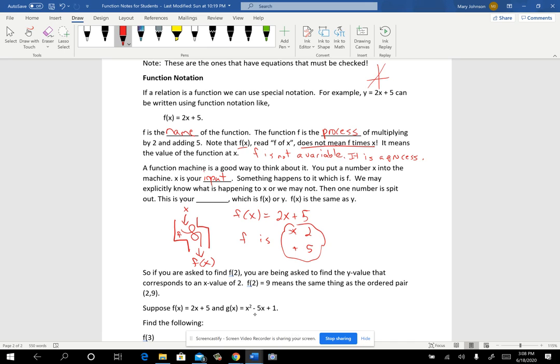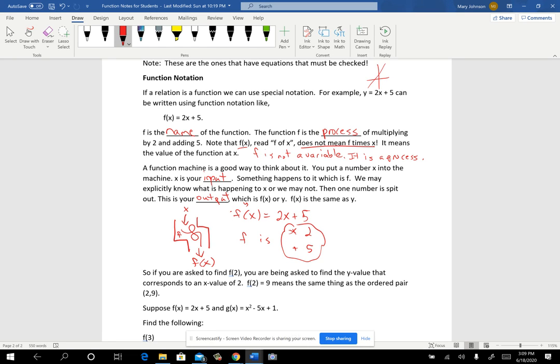It may be inside the machine and we don't see what's going on. But one number is going to be spit out at the other end, and this is your output. That's what f of x is. And f of x and y are interchangeable. They mean the same thing. It's just that if it's a function, we're allowed to use that notation, and then I can ask questions in a different way than I normally would.